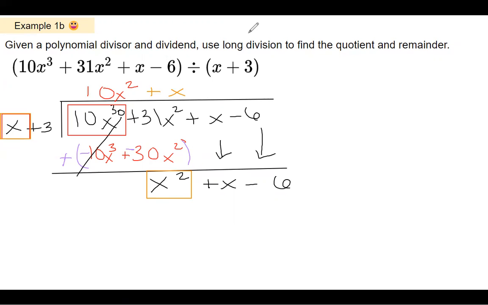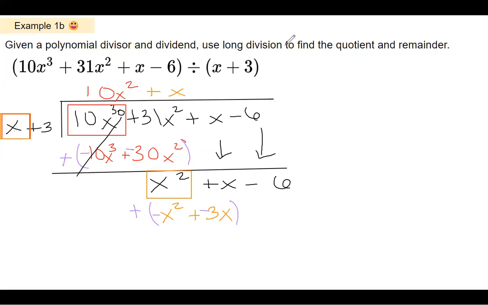Okay, so let me go ahead and write minus, inside parentheses, x times x, x squared, x times 3, 3x. What do I do next? I distribute my negatives. So I have now negative x squared and negative 3x.